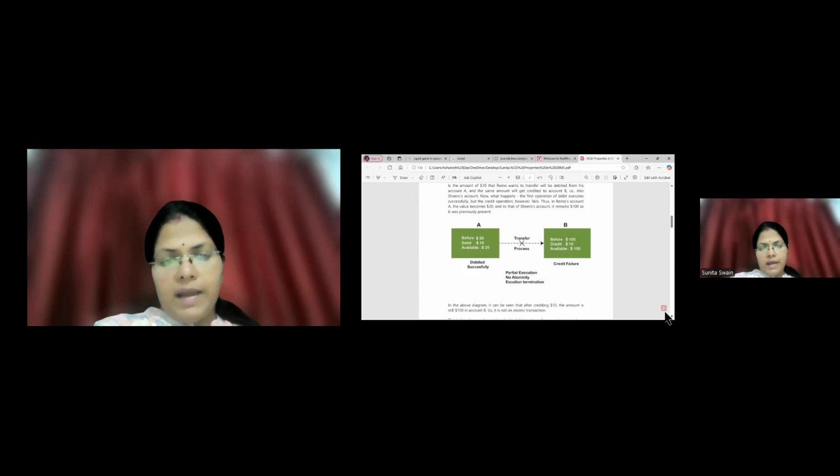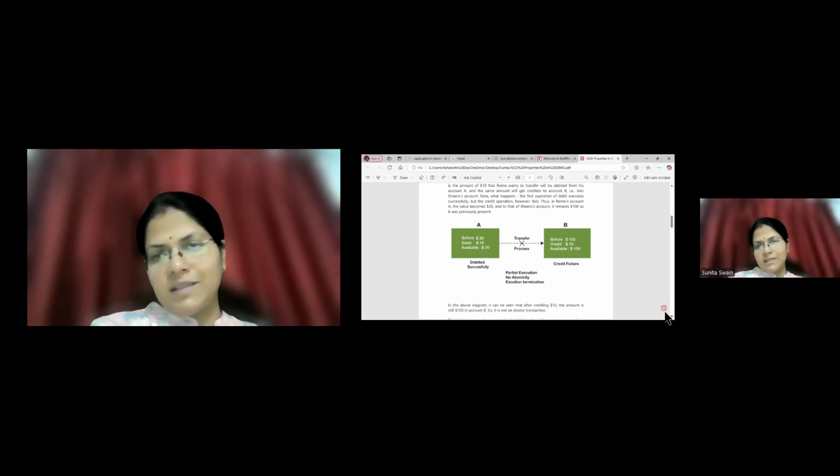In the above diagram, it can be seen that after crediting $10, the amount is still 100 in account B. So it is not an atomic transaction.